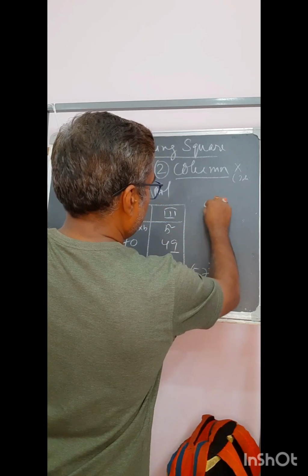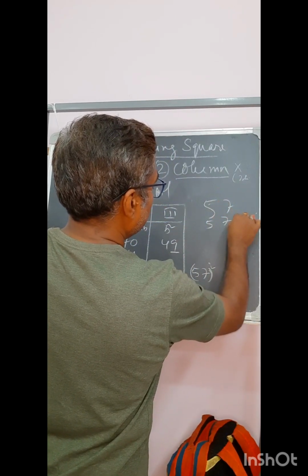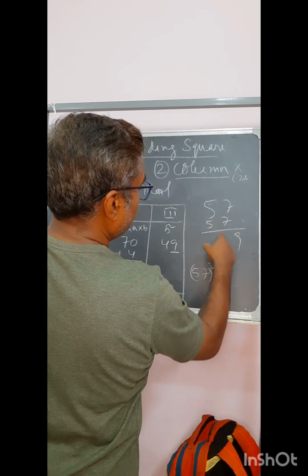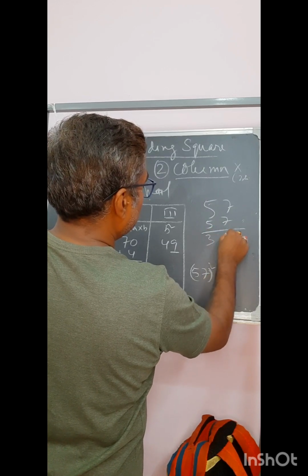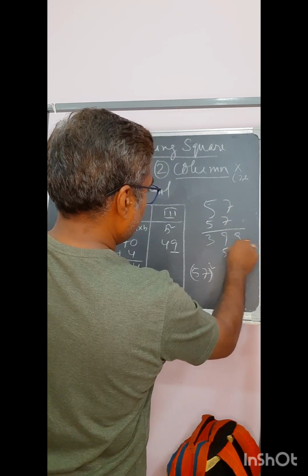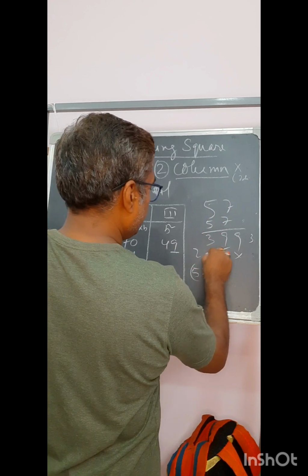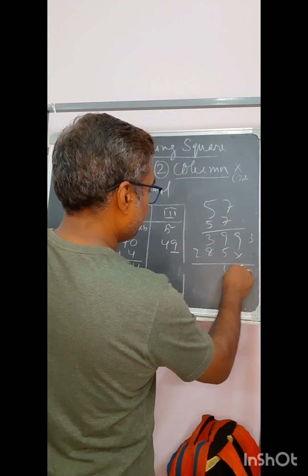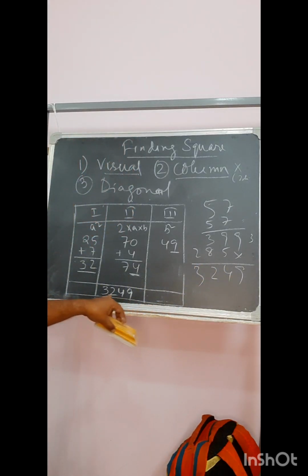Let me check with the traditional method. 57 into 57, 49, 35 into 35 plus 4, 39, 35, 3, 28, 9, 4, 2, 3. So you can see the number comes.